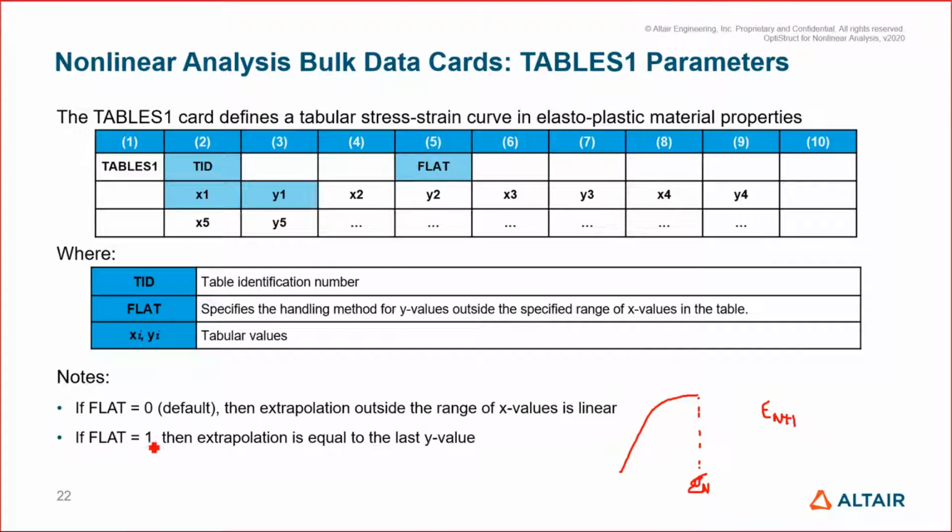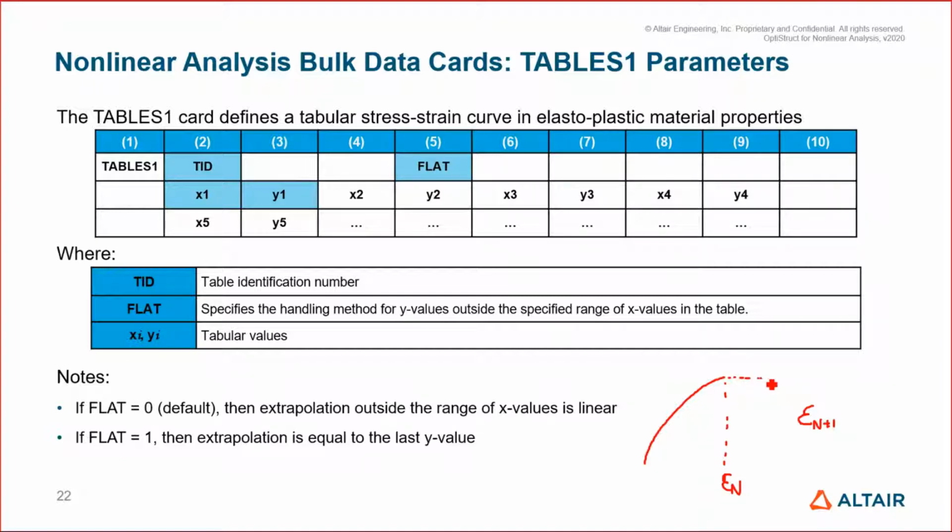So if you are using flat, flat here means that this will just flatten the curve. Let me just redraw here like this. Let's say this is strain n. Now you're required to find what the stress level is when the strain has exceeded the data in your curve. If you put flat equals 1, that means after this point we'll just flatten the curve.